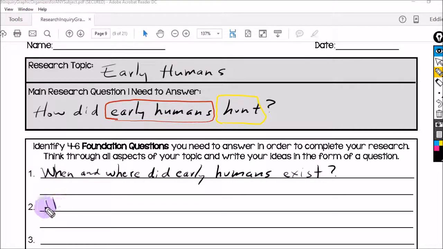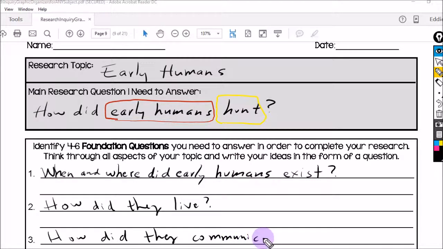So that could be one thing I would write down. How did they live? How did they communicate could be another one. And so what I start doing is I start filling this paper up with all kinds of questions about my subject, as many as I could.